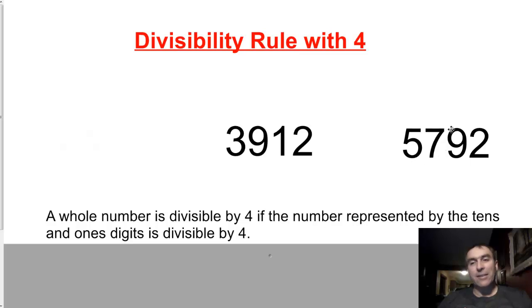Well, the 5,700, again, you don't need to concern yourself with, but 92. Does 4 go evenly into 92? Well, you know that 4 goes into 100 evenly, so backtrack from there. 96 is 4 less than that. 92 is another 4 under.